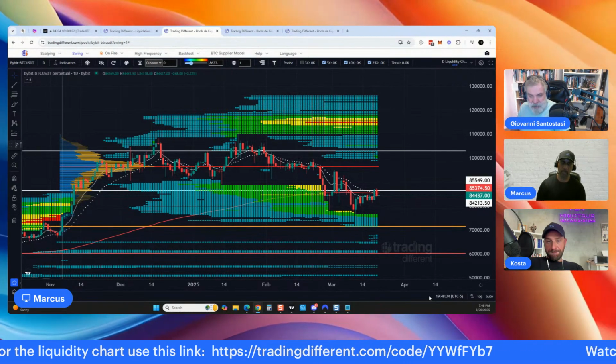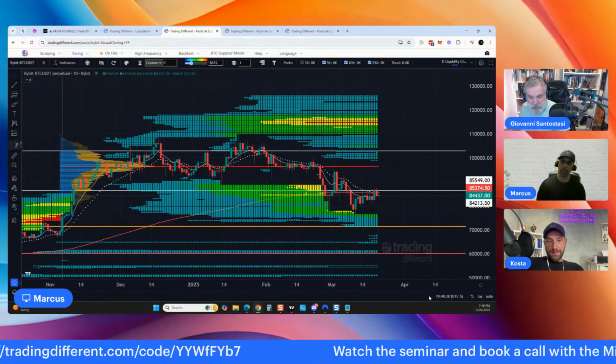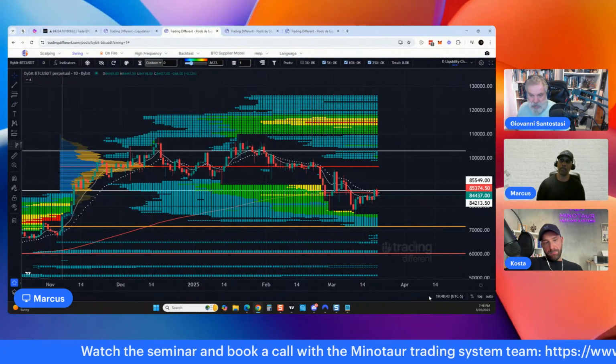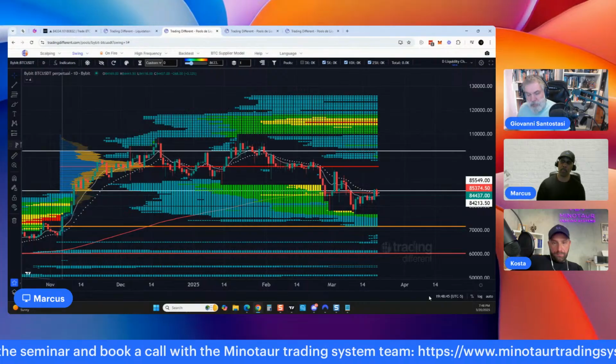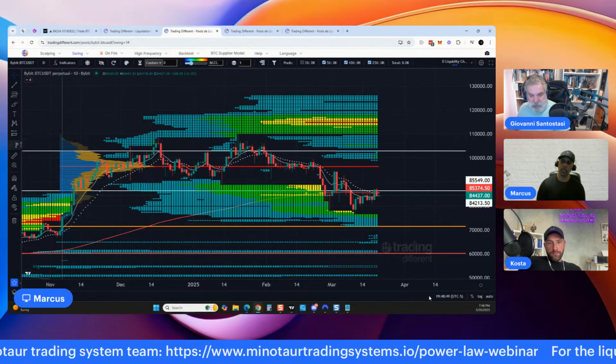Because they go there and buy all this available liquidity, and then they can go higher and start to push the market up. And if there is a gap, it means the market really can just go up.